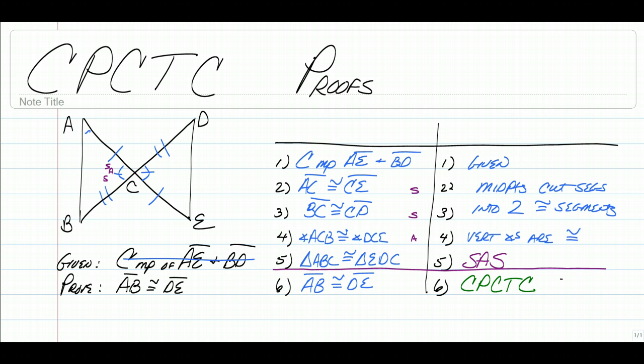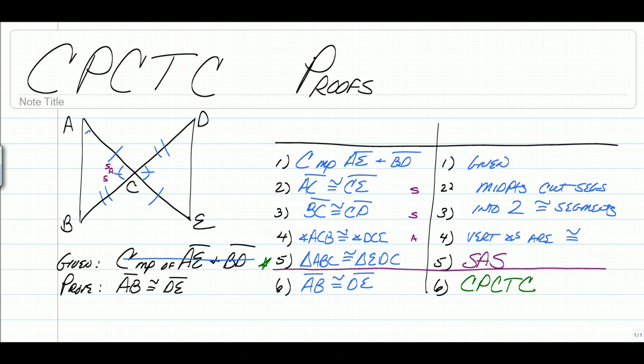Proofs as you've known them have just grown by one step. You still have to prove triangles congruent before you can use CPCTC. So if you're proving triangles are congruent, your last step will have SAS, SSS, ASA, AAS, or HL. But if you're proving sides or angles congruent, you still have to do that, but then your very next step is going to be CPCTC. All right? So that's it for your notes. It's just one additional step.